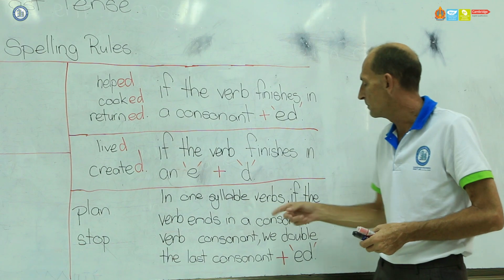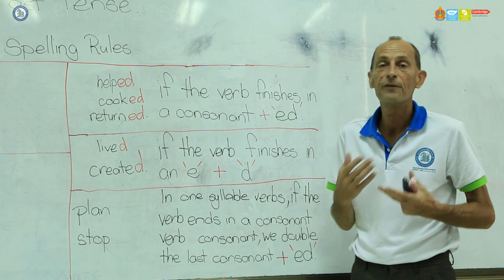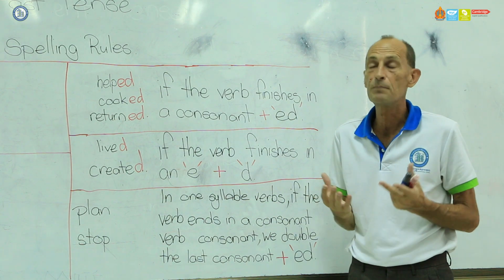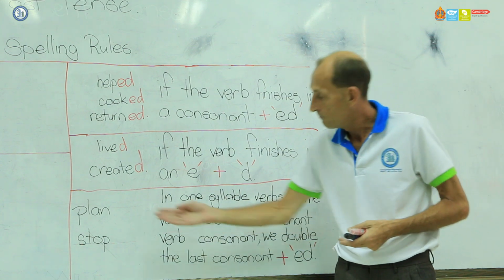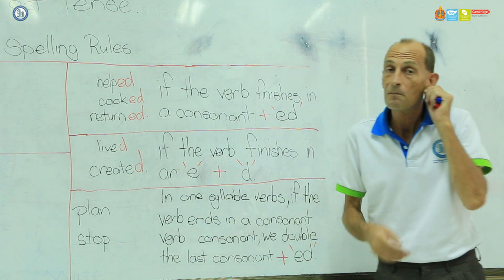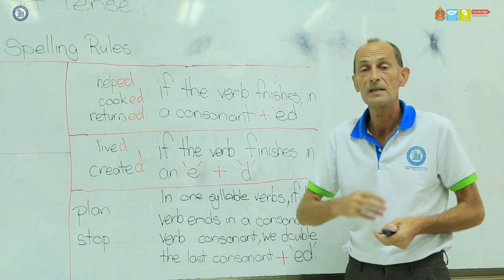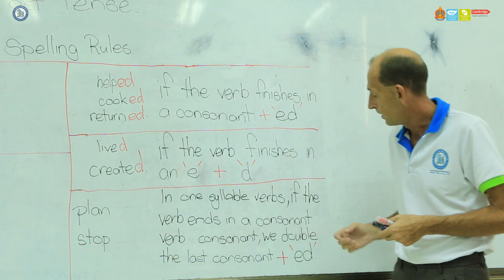And then our last one. If it's a one syllable verb, so that's a verb that is very simple to say, like hop, plan, stop. Remember, it's only one syllable, so we say it in one mouthful.